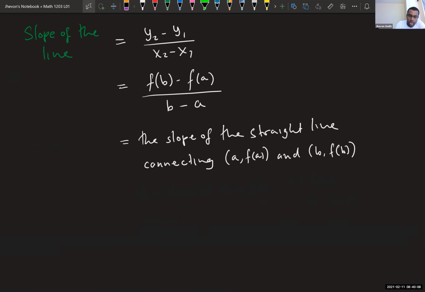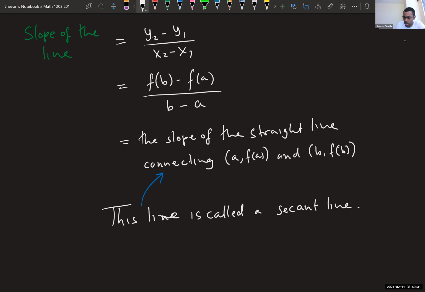By the way, the line that I'm referring to here is called a secant line. Forgot what the etymology is, but that's what it's called.